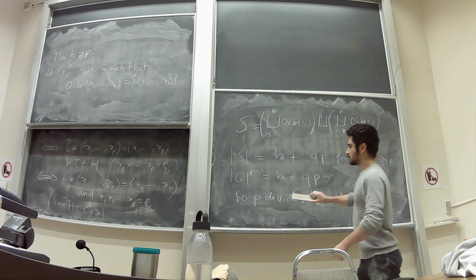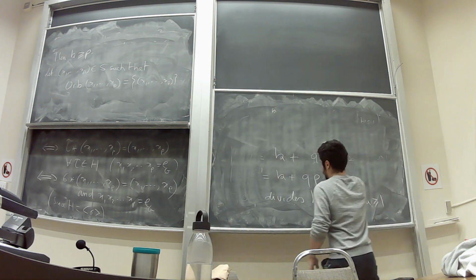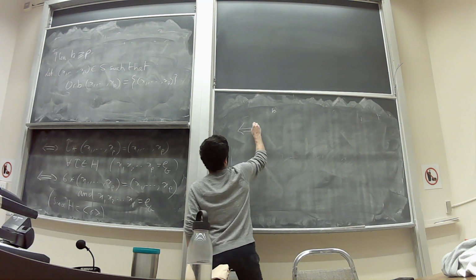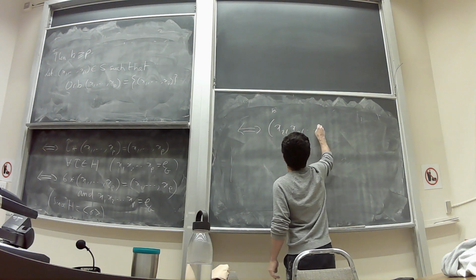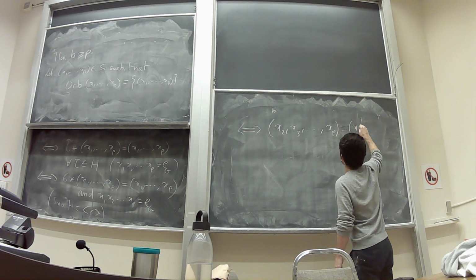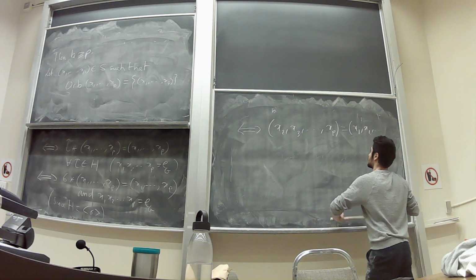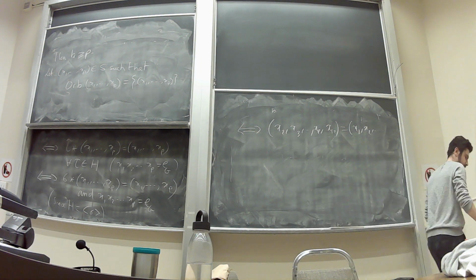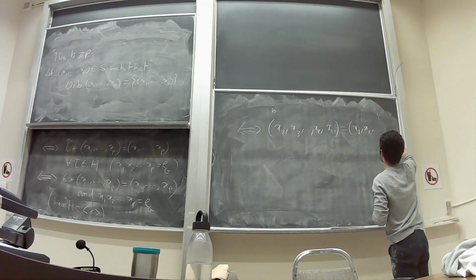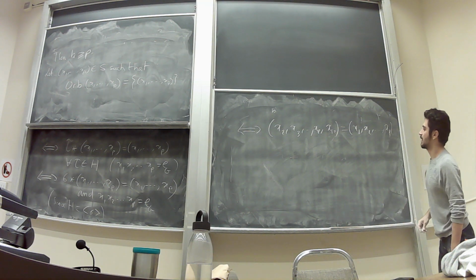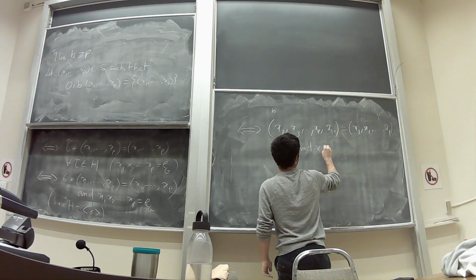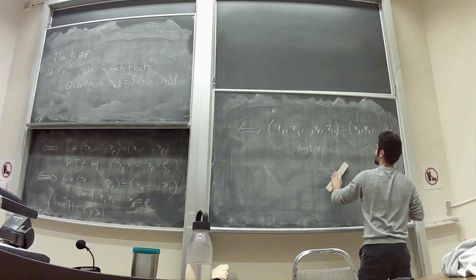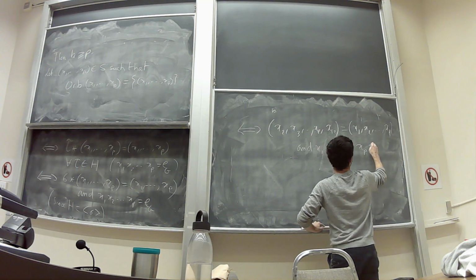Now, what is sigma applied to (x1, ..., xp)? It is (x2, x3, ..., xp, x1), and this should equal (x1, x2, ..., xp), with x1 x2 ... xp equal to the identity.